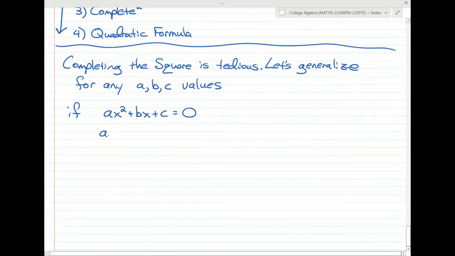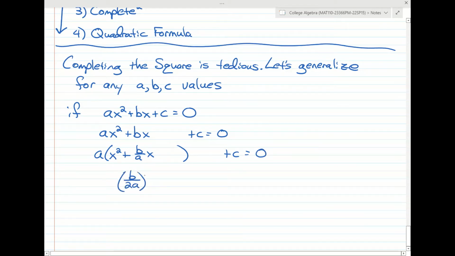The first step to complete the square was we isolate the variables. The next step was we factor out the leading coefficient. Next step is we take half of the middle and then square it. That's going to go here.